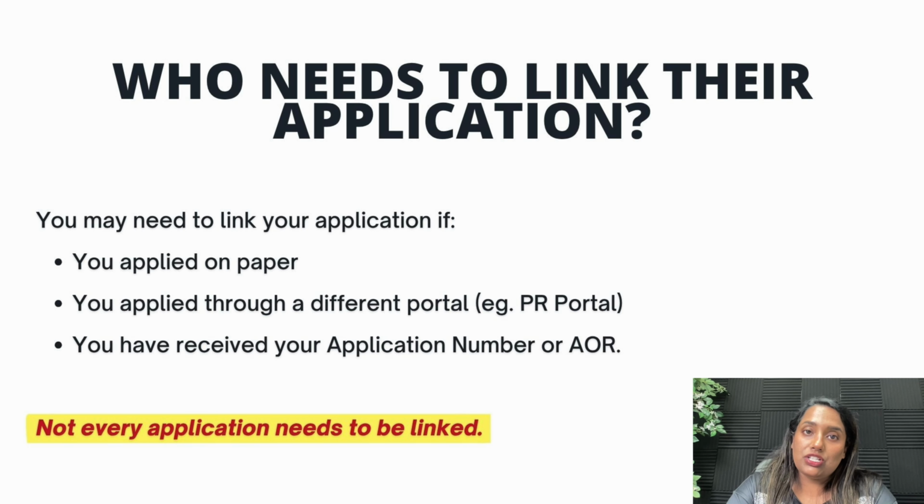With that application number, you will be able to link it to your GCKey account so you can keep track of what your application progress is and at what step it is. And not every application needs to be linked, because certain applications cannot be linked to your GCKey account.